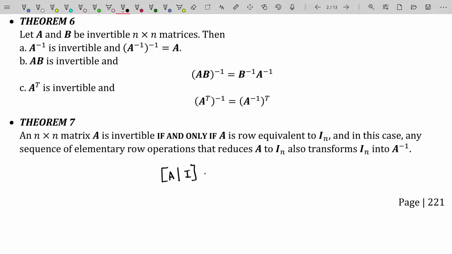You just perform row operations until the matrix A becomes the identity matrix, and what you get on the other side is A inverse. Because again, any sequence of elementary row operations that reduces A to the identity matrix also transforms the identity matrix into A inverse. Very, very important theorem. It's because, well, it allows us to find inverses, as I said before.